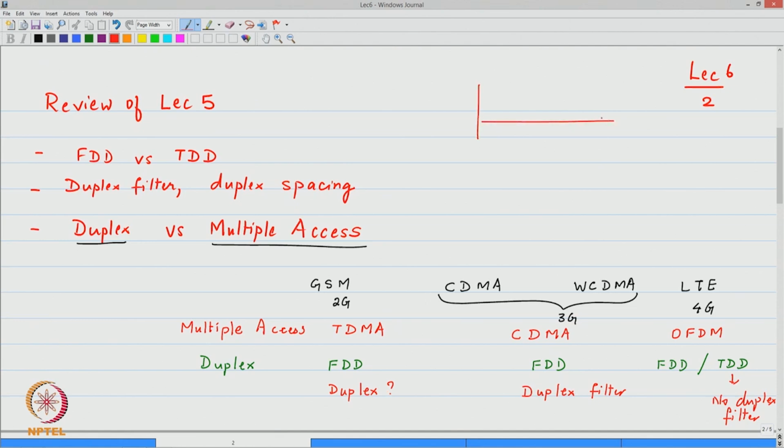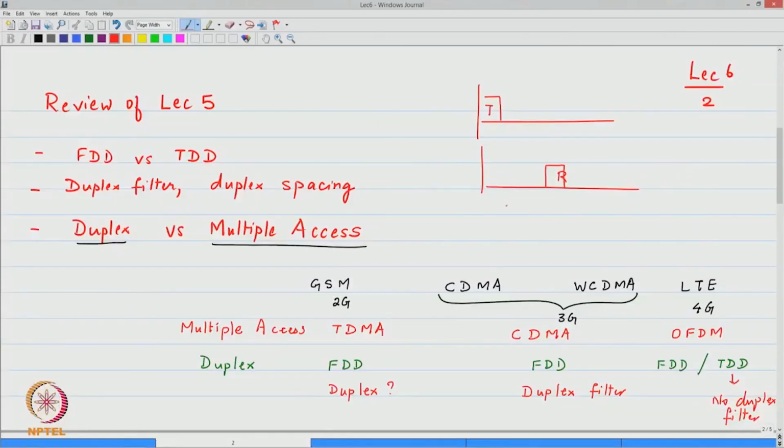In the case of a GSM system, the transmit and receive time slots are offset in terms of their time positioning. So, if I transmit at a particular time slot, the receive time slot is offset with respect to the transmit time. So, the transmission and reception, though they are happening on different frequencies, are not happening at the same time.